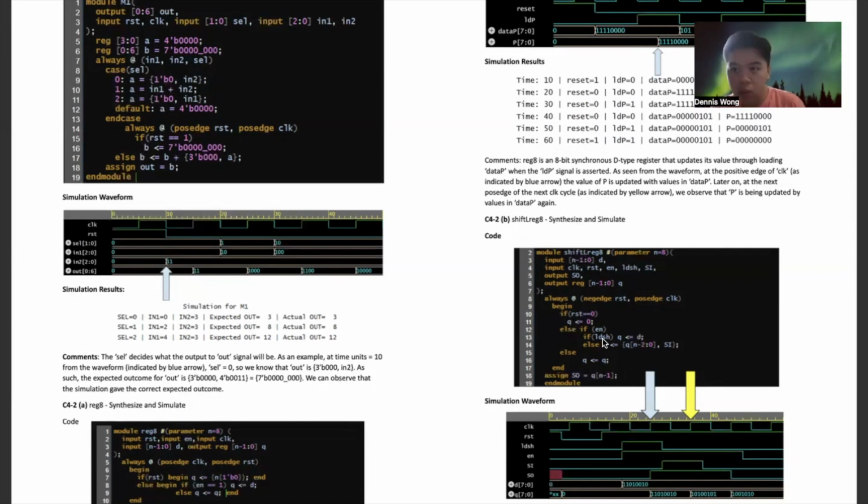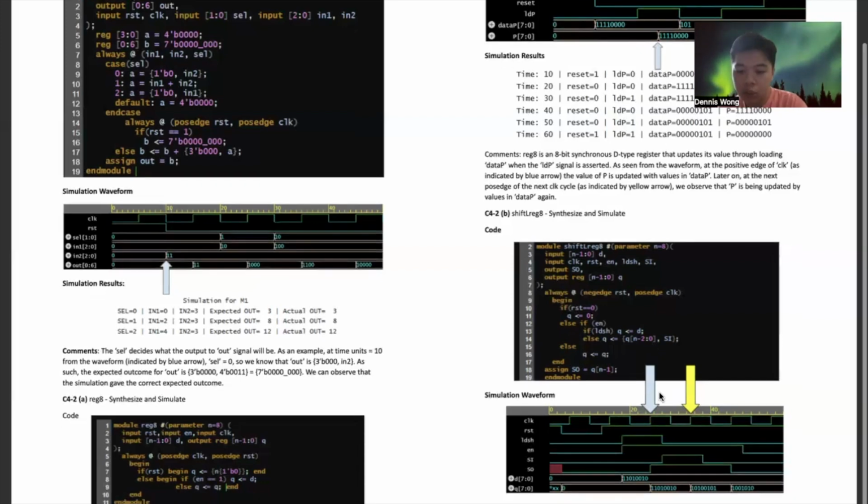If it is asserted, it does something similar to register 8, but if it's not asserted, it will do a bit shift. It takes the original data, shifts it to the left, and then at the least significant bit, a shift in bit will replace the least significant bit.